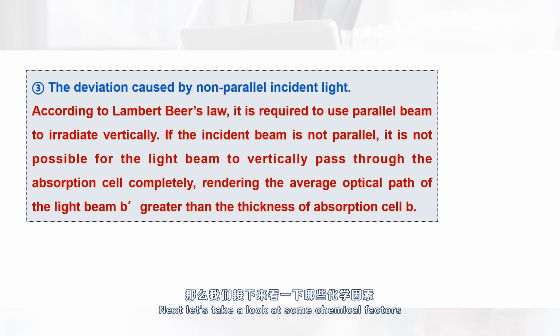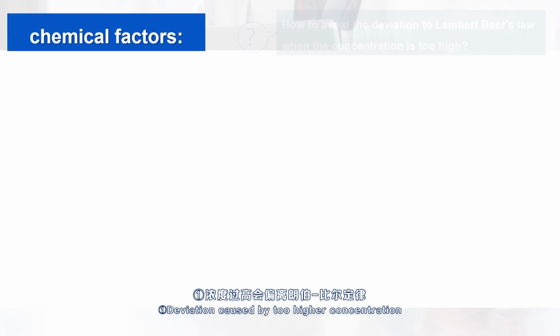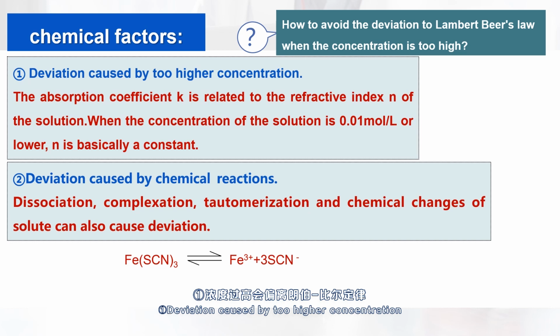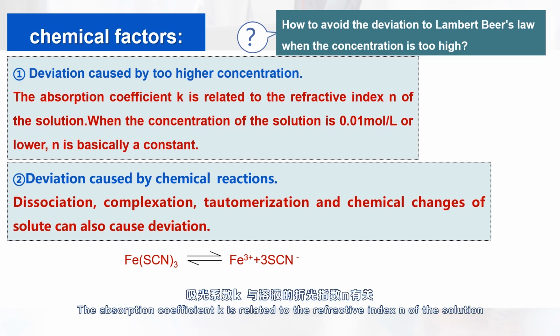Next, let's take a look at some chemical factors that can lead to deviation to Lambert-Beer's law. 1. Deviation caused by too high concentration. The absorption coefficient kappa is related to the refractive index N of the solution.